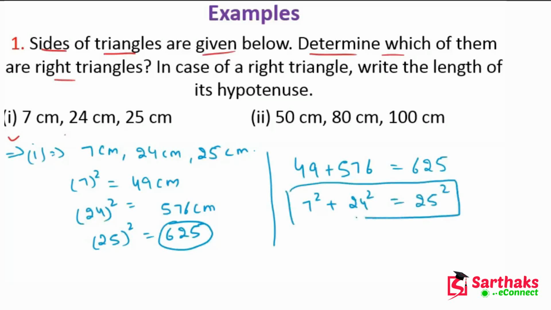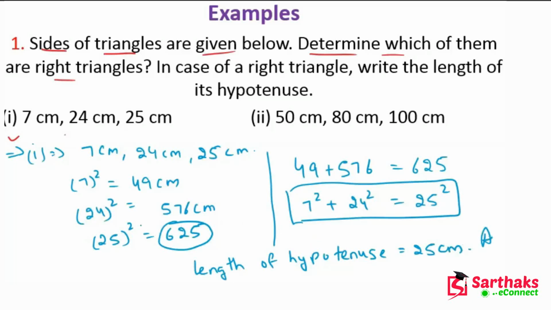So we can say that the above equation satisfies the Pythagoras theorem. Hence it is a right angle triangle, and the length of the hypotenuse is 25 centimeter. This is our answer.